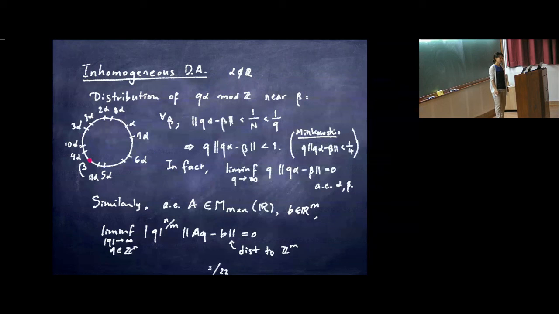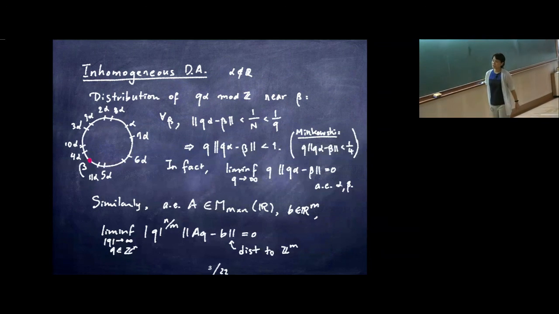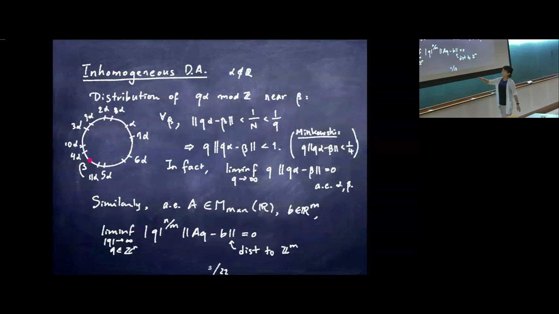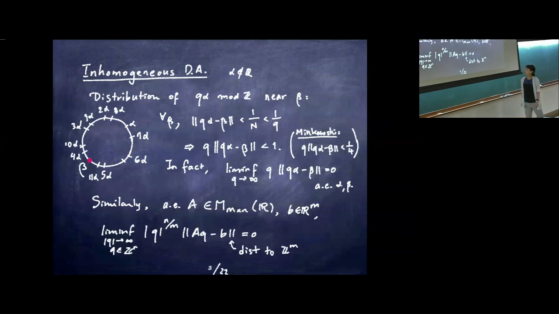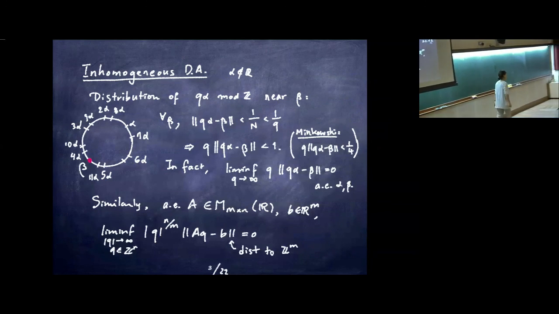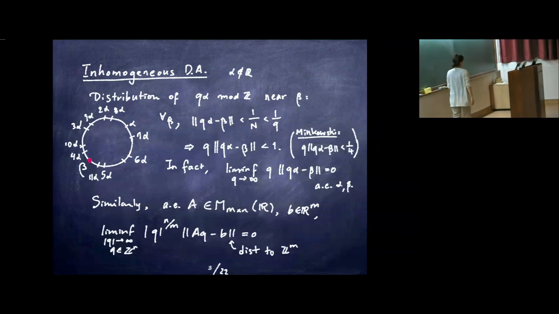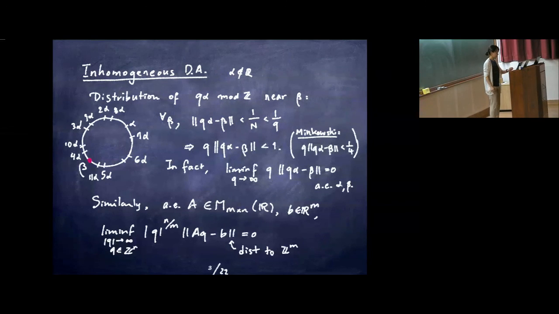Again, for almost every A and B, the lim inf of the norm of Q to the power n over m, where we need some power to match dimensions, times the distance of AQ minus B, which is a real vector in R^m, to the integer vectors Z^m, is known to be 0 almost everywhere.